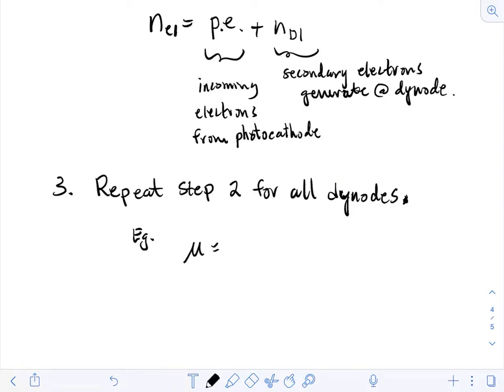It's going to be the number of electrons that were leaving the first dynode, which is more than the number of original photoelectrons that were created, times the voltage of the second dynode minus the voltage of the first dynode, divided by 20 volts, the average potential difference required to create a single secondary electron. And so we would use the updated mean in the Poisson distribution for the second dynode.